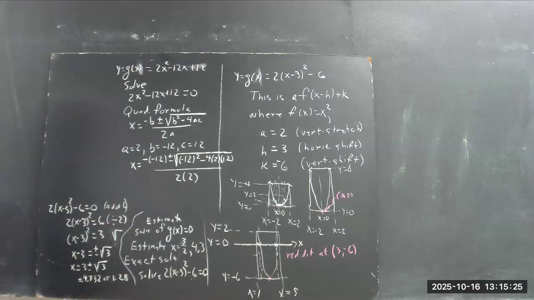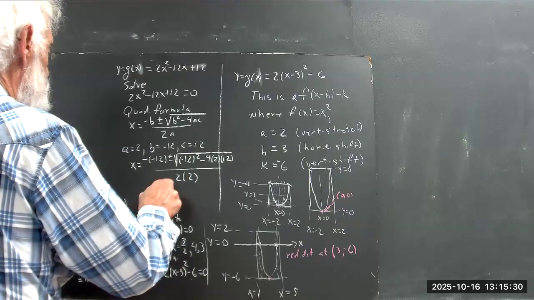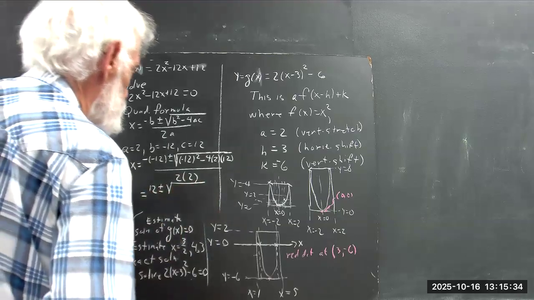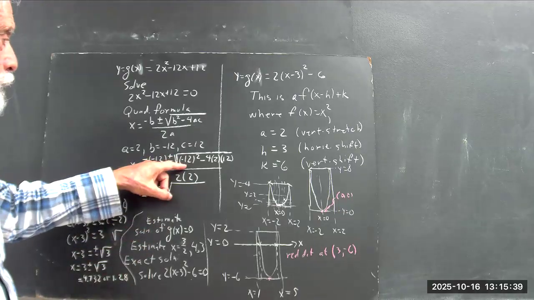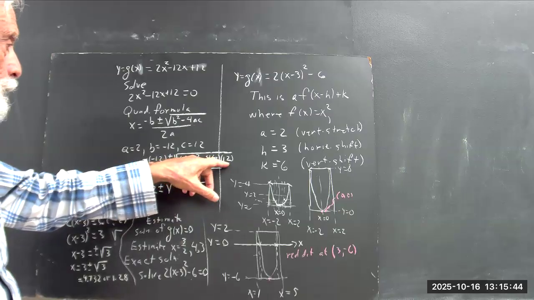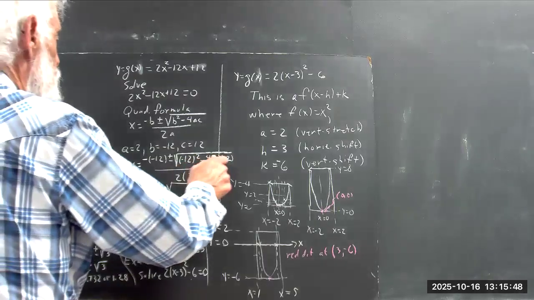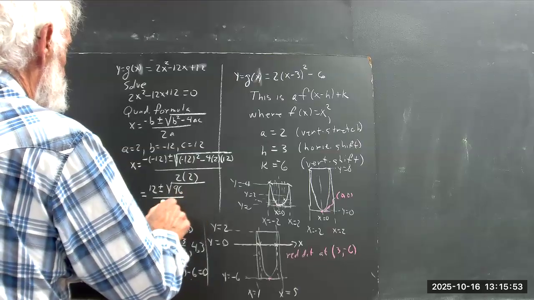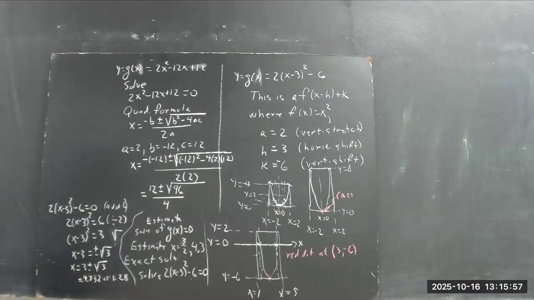They're all our numbers. If I do the arithmetic, this comes out 12 plus or minus the square root of what? Well, 12 squared is 144. 4 times 2 is 8. 8 times 12 is 96. So all this stuff under here comes out 96. And that's over 4.